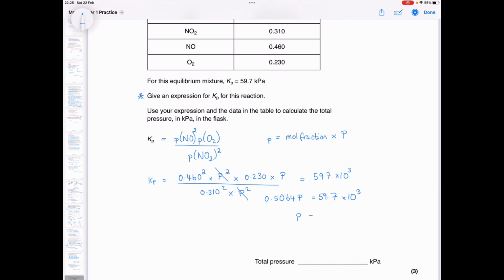So P is equal to 59.7 times 10 to the 3 over 0.5064.